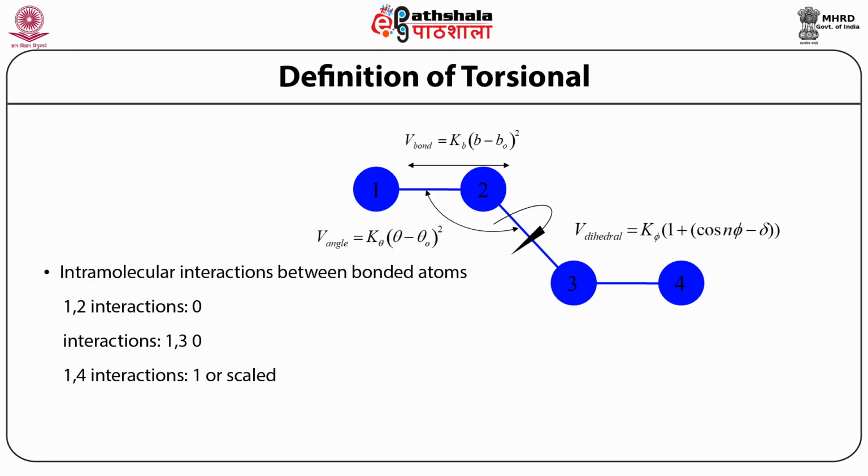Delta is the phase angle, a small phase angle used in torsion measurement. However, we must remember any interaction beyond 1-4 distances is considered only in Lennard-Jones terms, and all interactions are considered fully with a weight of 1, equal weight. Whereas in some systems 1-4 interactions can be scaled. This depends on how the user likes to use it.